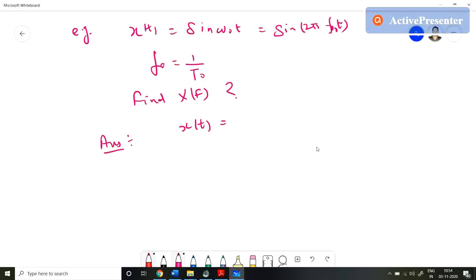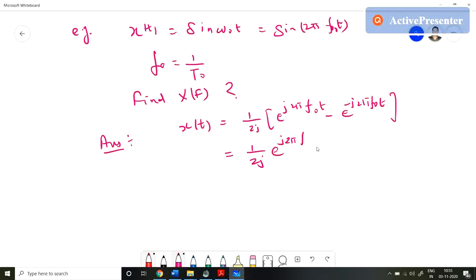So x(t) is equal to 1 divided by 2j times e raised to the power j 2 pi f naught t minus e raised to the power minus j 2 pi f naught t.